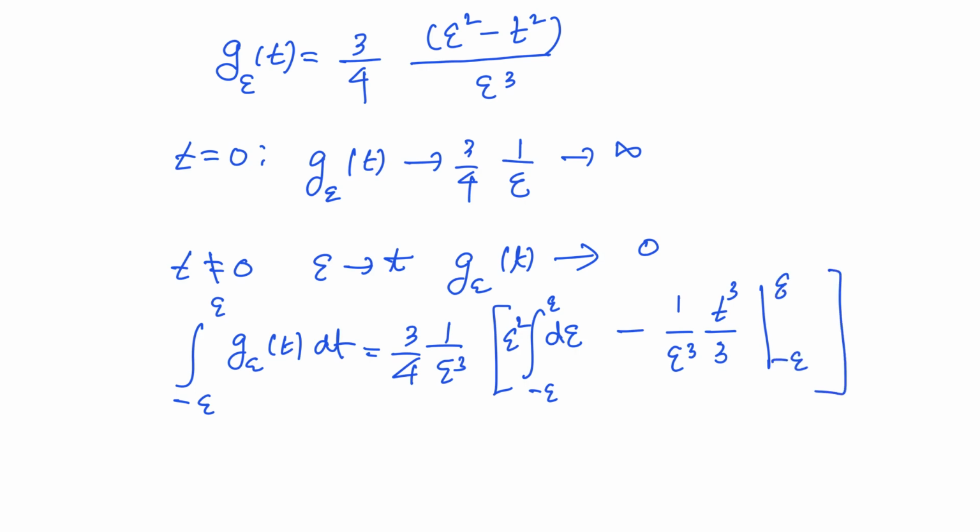So that is 2 minus 2 over 3, which is 4 over 3, and 3 over 4 times 4 over 3 is equal to 1.